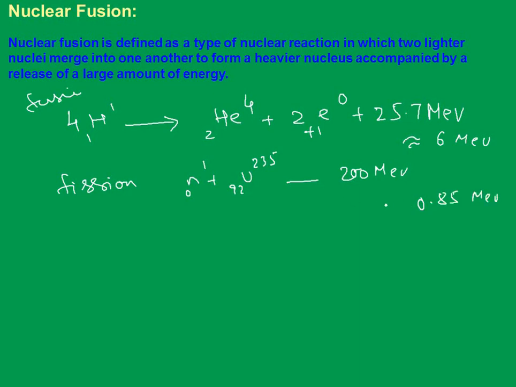Remember, this is energy per nucleon. So now which is greater? Fusion is leading, while coming to the total energy, fission is leading. So it is nearly 7 times more than the fission energy per nucleon. Are you getting the point here?